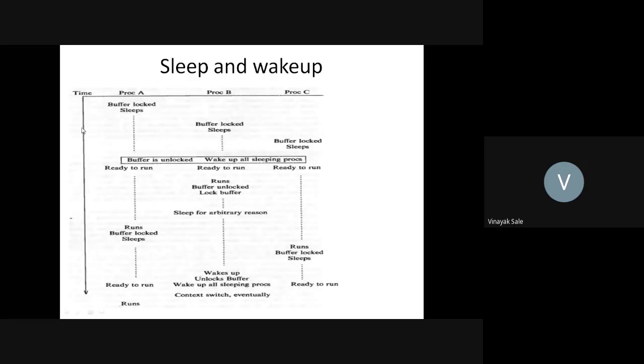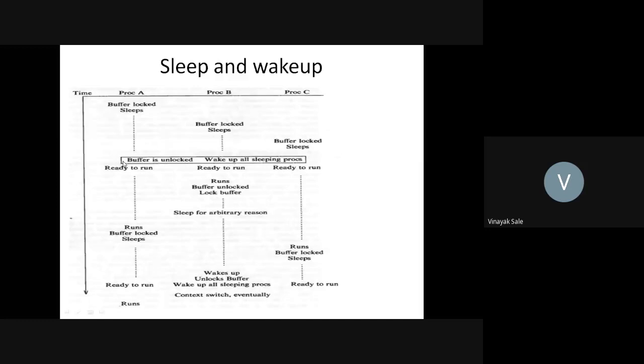At some time, process B is entered; the buffer is also locked at that time, so process B goes to sleep. When process C is entered after some time, the buffer is again locked, so process C goes to sleep.